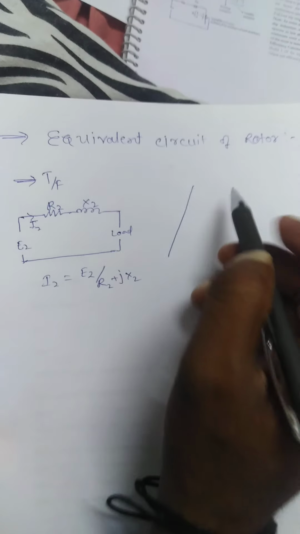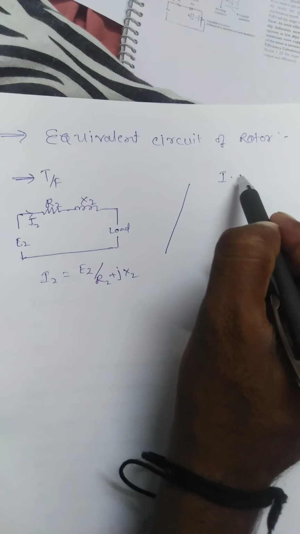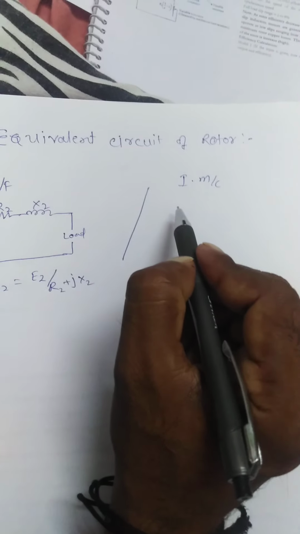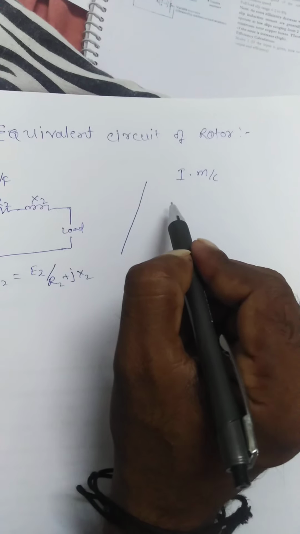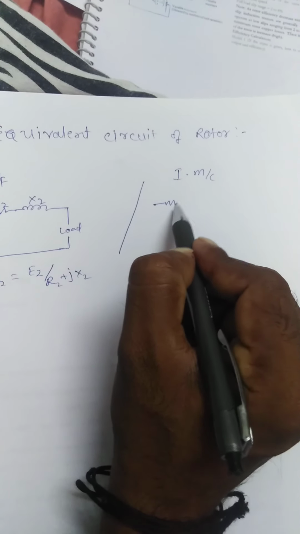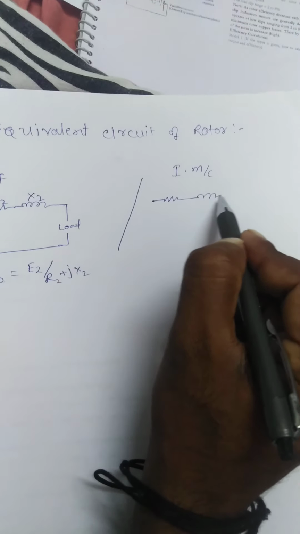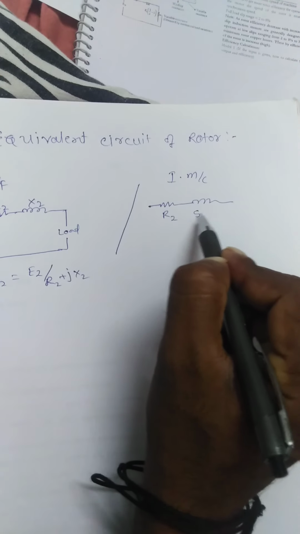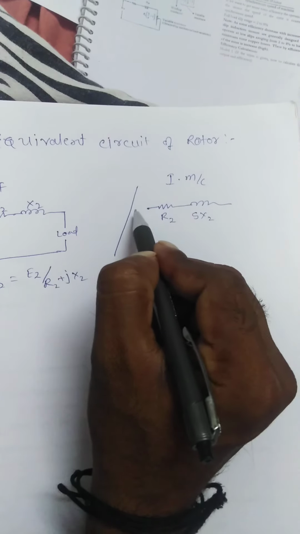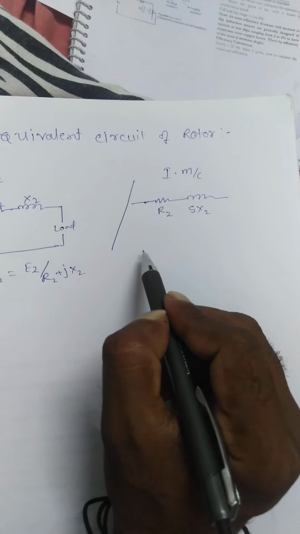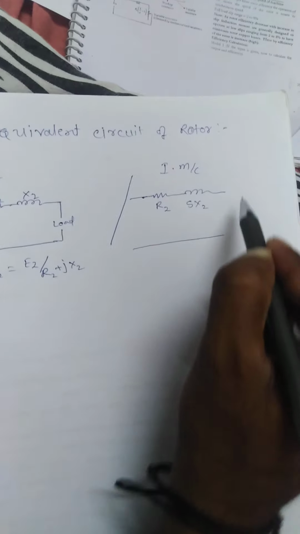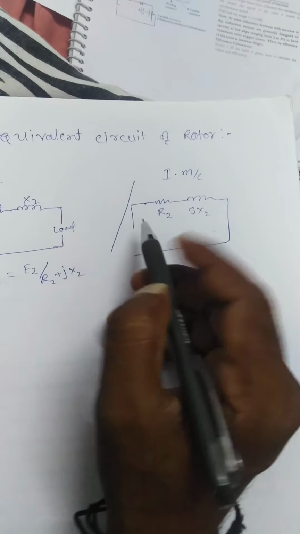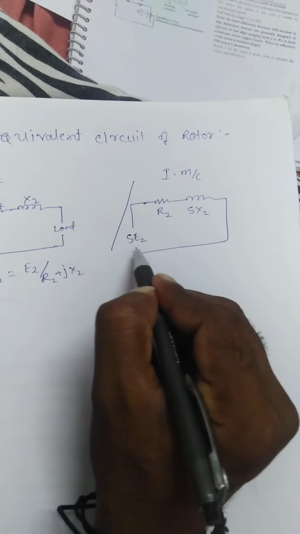If it is an induction machine, it is not similar to the transformer secondary, because there is a variable term here, that is the s term, sX2. It is under running condition, and sE2.